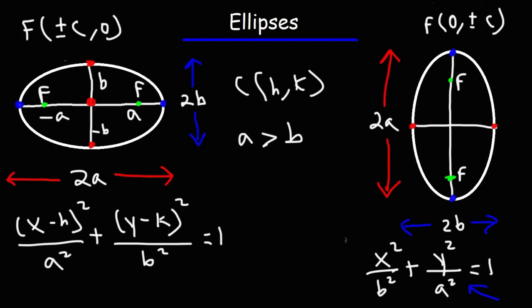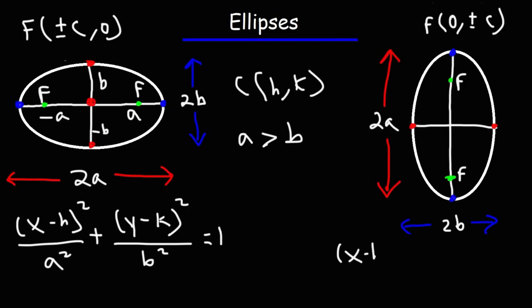And the same is true for this equation. Everything will be the same, but we're going to replace x with x minus h squared, and this will be over b squared. And then we're going to replace y with y minus k squared, and this will be over a squared.